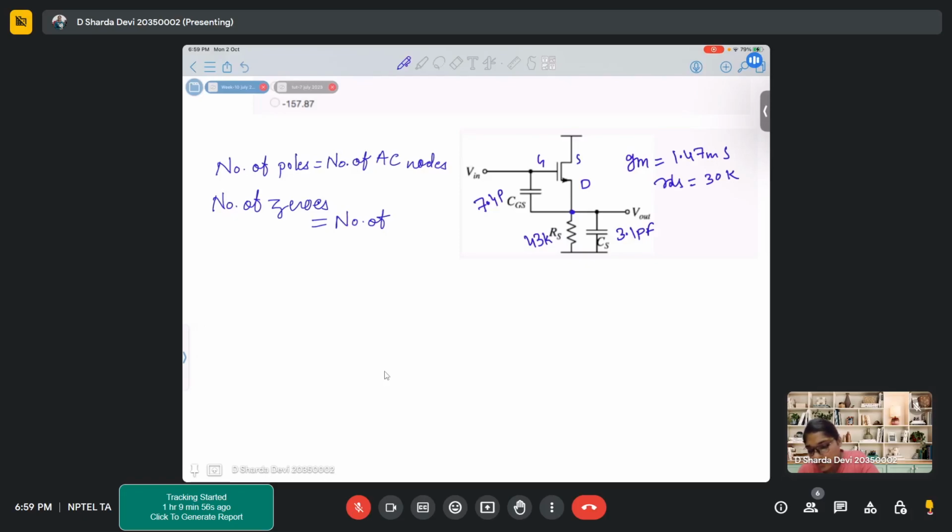So for zeros, you see how many capacitors are there between your input and output node.